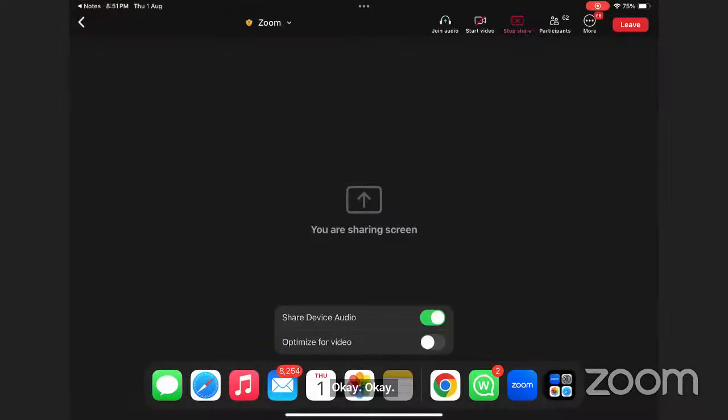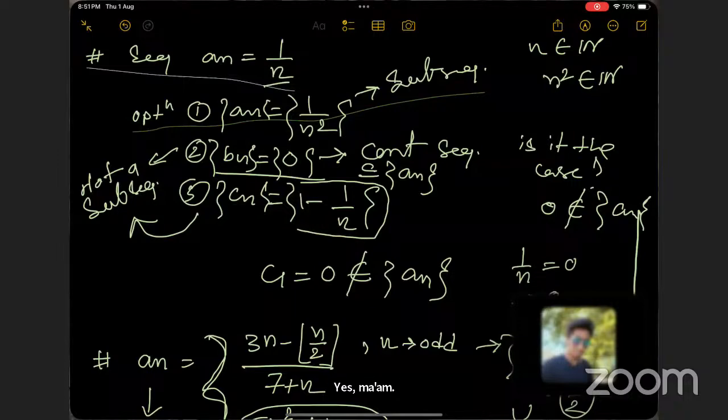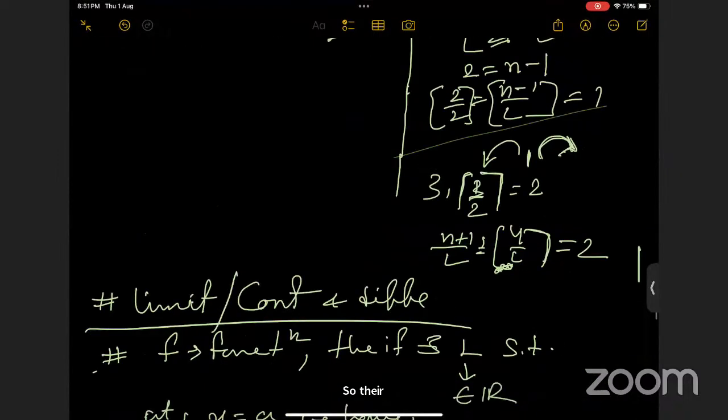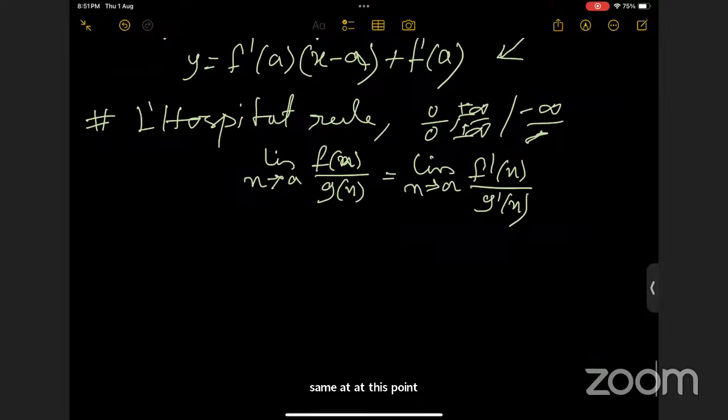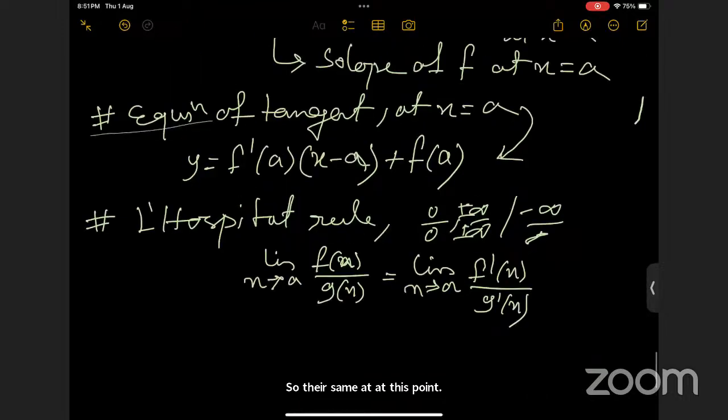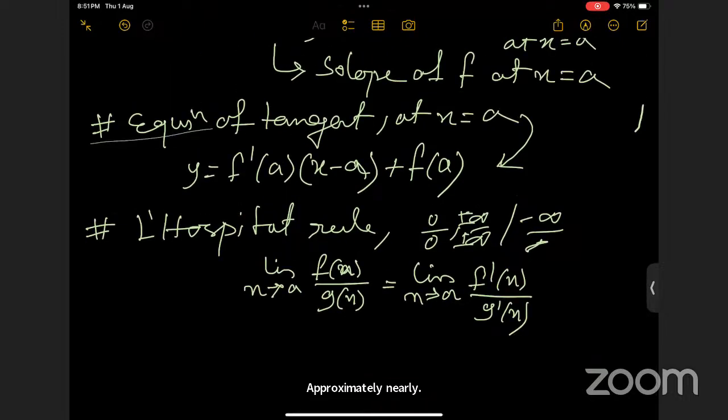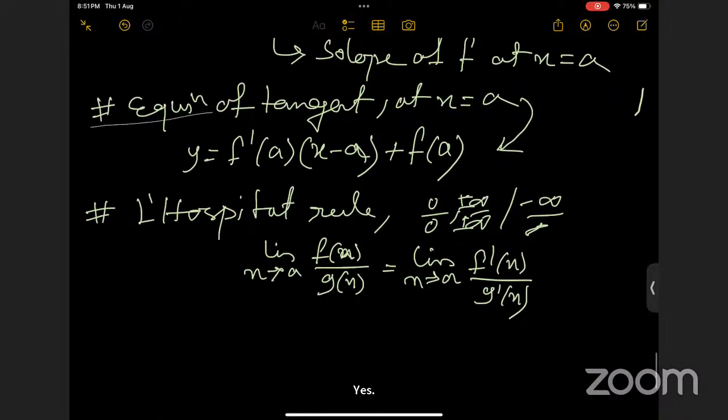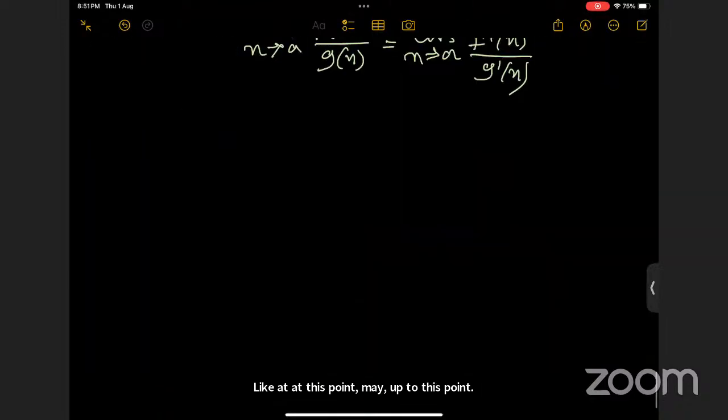They are the same. We use the tangent to approximate linearly. At this point, near to this point, they are basically the same. Okay. So I have an example.